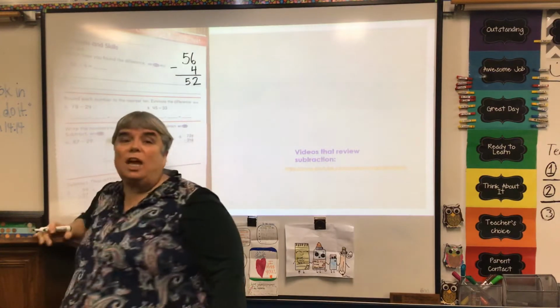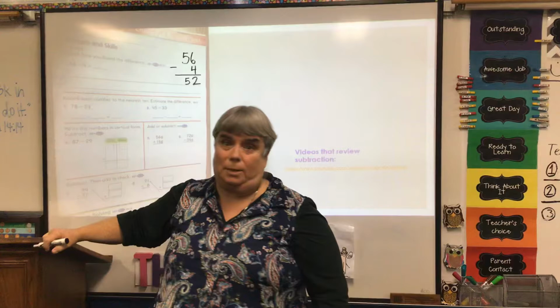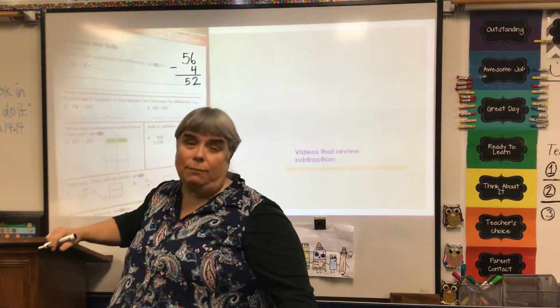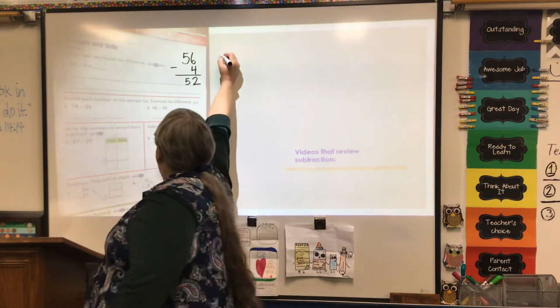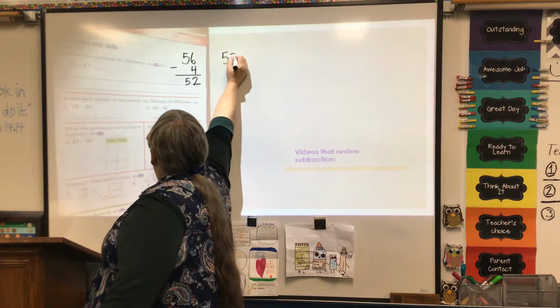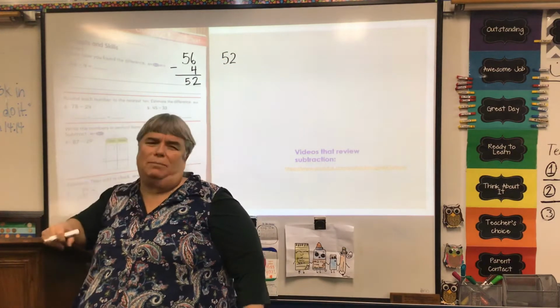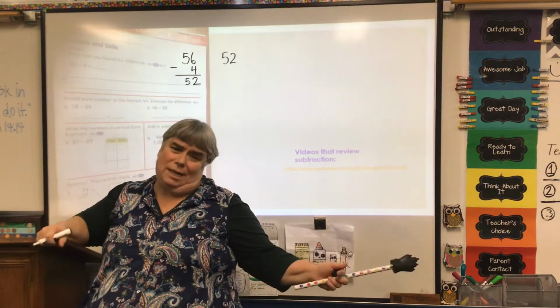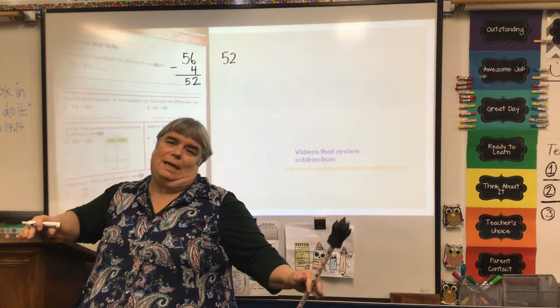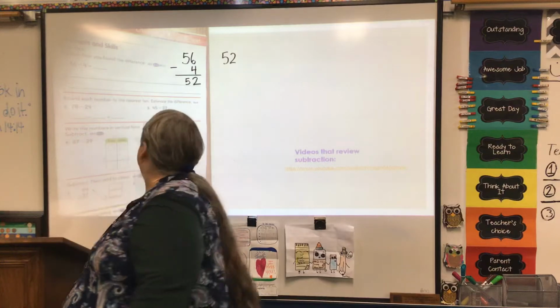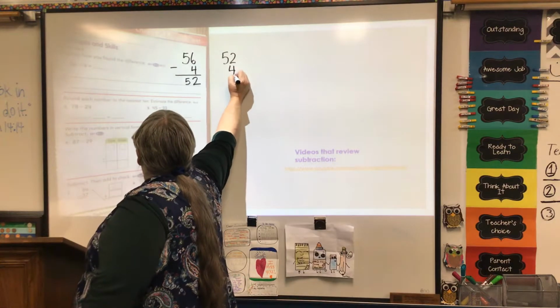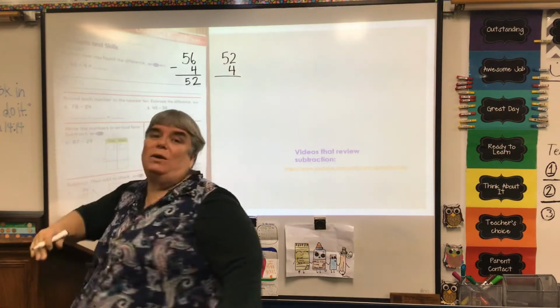And I can even check that, which we used yesterday, by taking the difference, which is the 52, and adding it to the number on the bottom. They call that the subtrahend. It's okay. Just the number on the bottom. And I'm going to add.